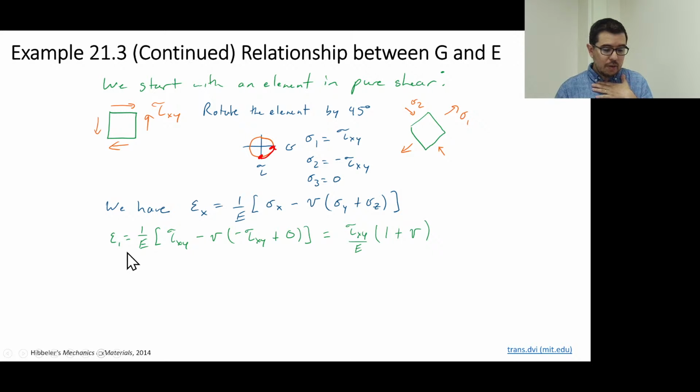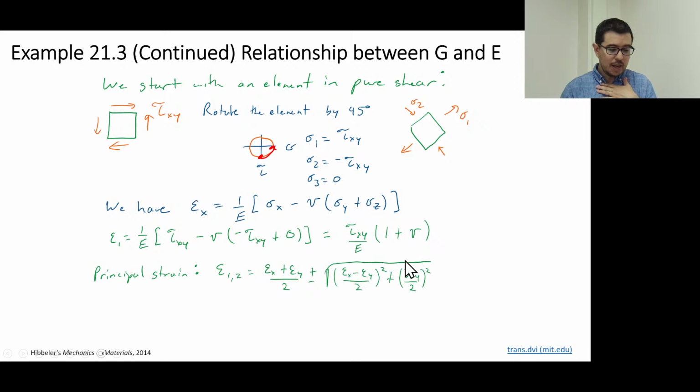So now we have an expression for epsilon 1 equal to this. And we have our strain transformation equation. We can say that epsilon 1 is equal to gamma xy over 2. How does that come into play?